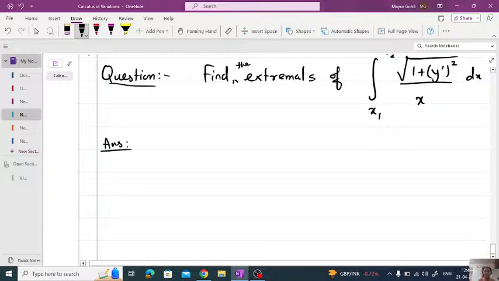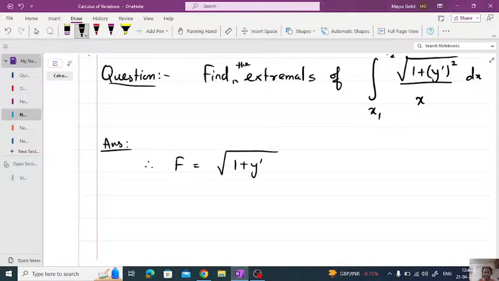Again, here we see that there is no y, so your function f is the square root of 1 plus y dash the whole square divided by x, and this is f of x comma y dash.